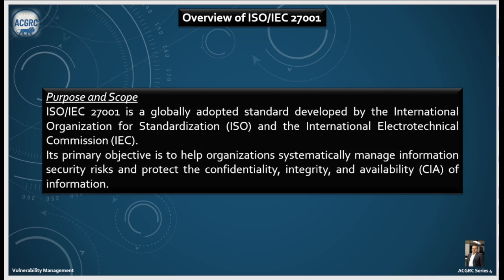The scope ensures who is responsible for fixing the issue. The scope also ensures which risks are most critical in your business operation. In summary, ISO 27001 helps organizations build a plan to protect their information by identifying what needs to be protected, understanding the risk, and managing them in a consistent, ongoing way.